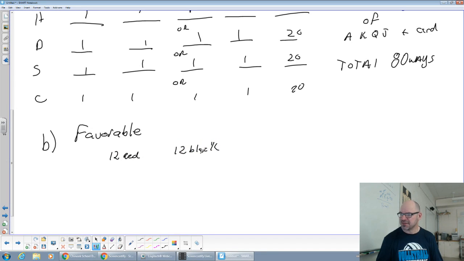So you have 2 cases here. You can get 5 red cards or 5 black cards. So 12 C5 or another 12 C5, right? For getting black and getting red. What's 12C5? I don't know. Let's figure it out. 12C5 is 792.